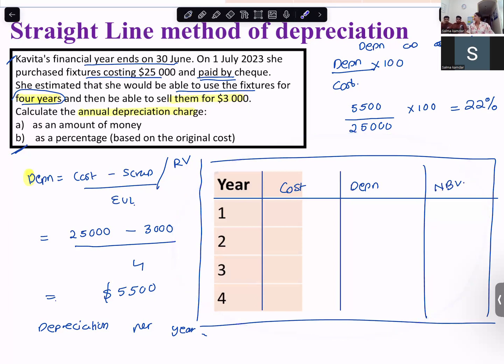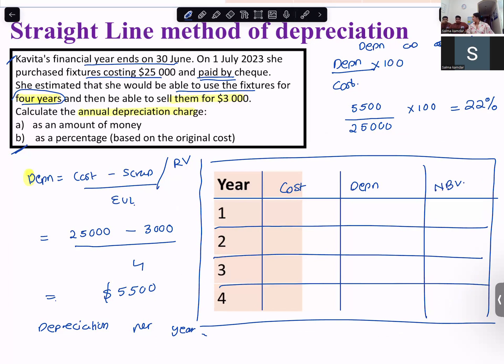Remember, depreciation is charged every year. That means every year you will charge depreciation and reduce the value of the asset.